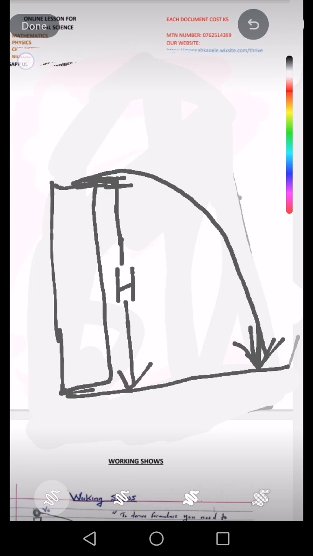What do we need to know? You need to know the formulas of motion in one dimension. What are those formulas? We learned this. Those who are in the private group have the idea of the formulas of one dimension.